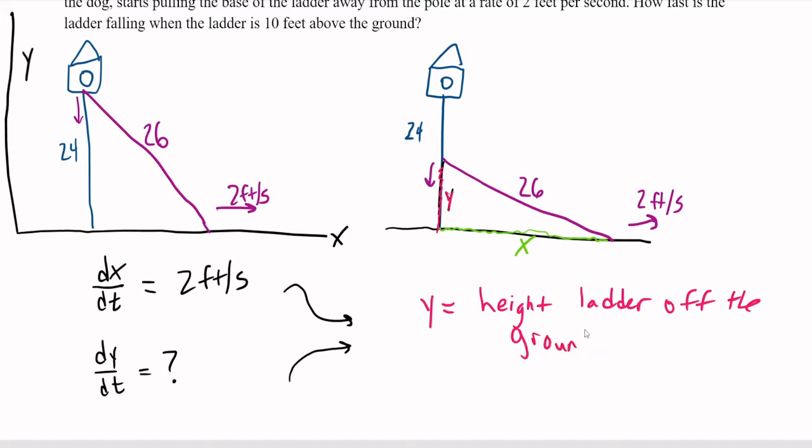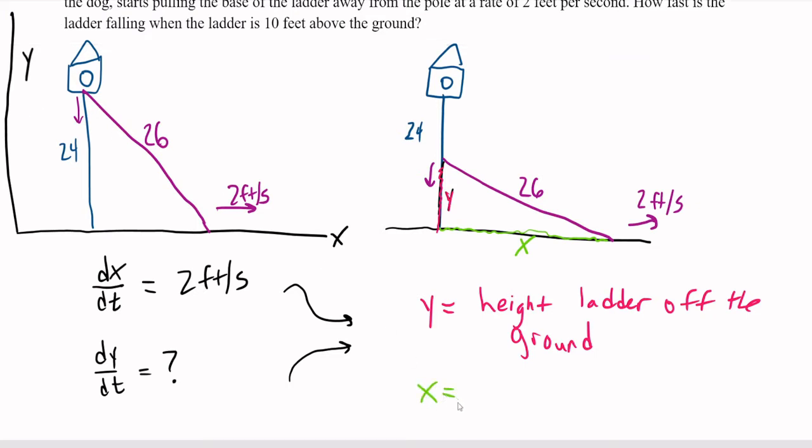So one thing you'll notice is I kind of said y will be something vertical, x will be something horizontal over here. But I thought more about the problem and realized, oh, you know what? I should be more specific. Y is going to be the height of the ladder. And then x, what's x going to be?